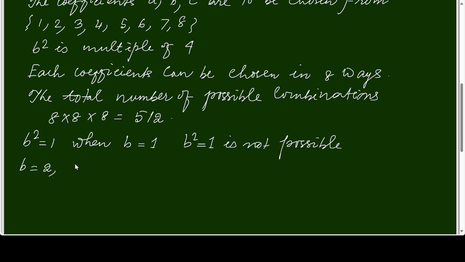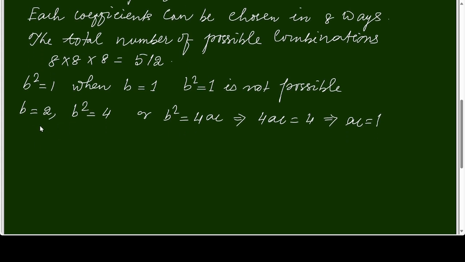When b equals to 2, b square equals to 4, and b square equals to 4ac, we know. This implies that 4 times ac equals to 4. This implies that ac equals to 1. So when the product of a and c is 1, this gives us a equals to c equals to 1. Only one possibility is there. So only one pair is possible for a, c equals 1, 1 when b equals to 2.